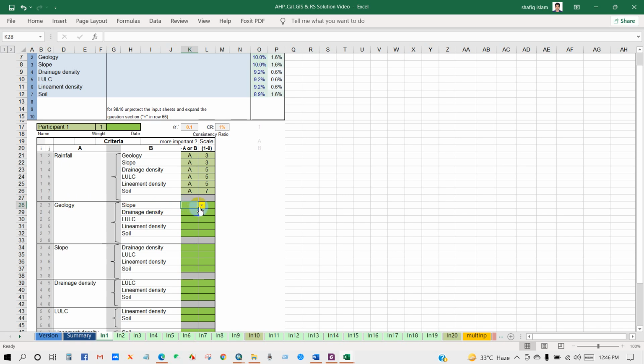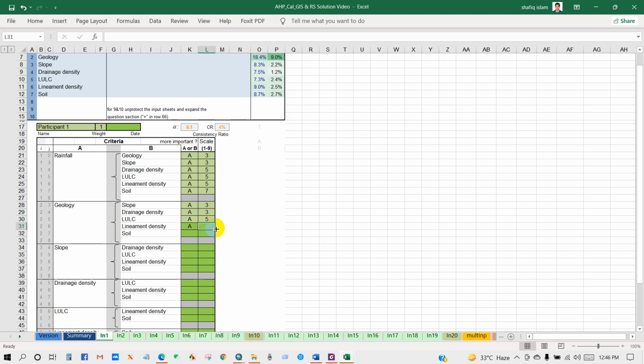And then geology or slope, which is more important for groundwater potential zone? Geology, drainage density, I will give for geology here 3. A means geology is more important than LULC or slope, drainage density, lineament density.